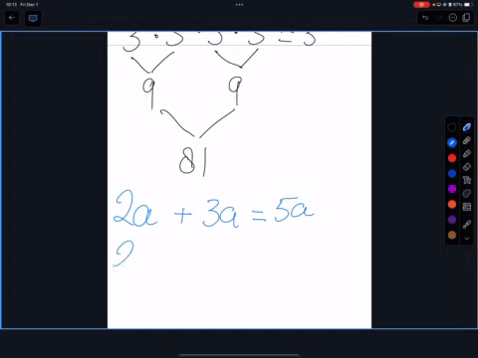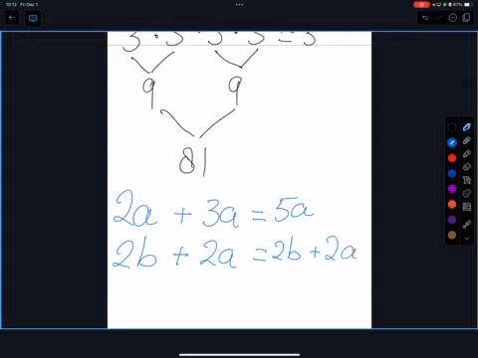Now, you have 2b plus 2a. You bought 2 bananas and 2 apples. How many fruit do you have? Name the fruits that you have. I have 2 bananas and I have 2 apples.